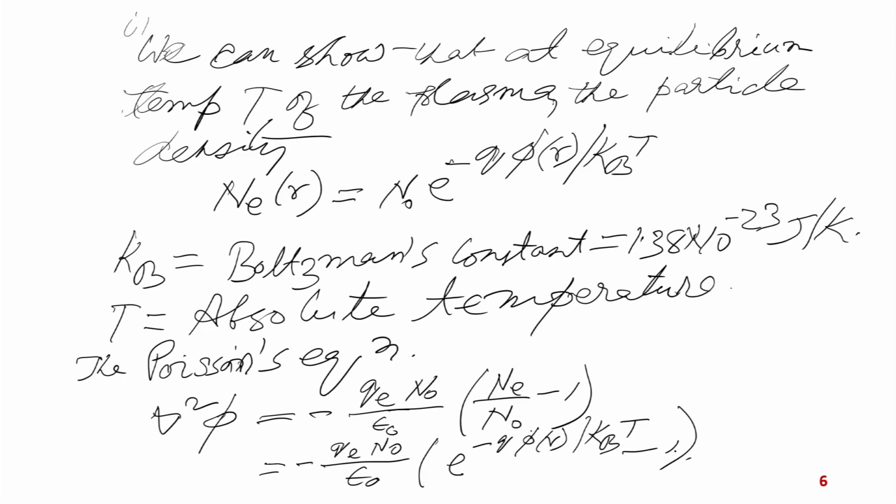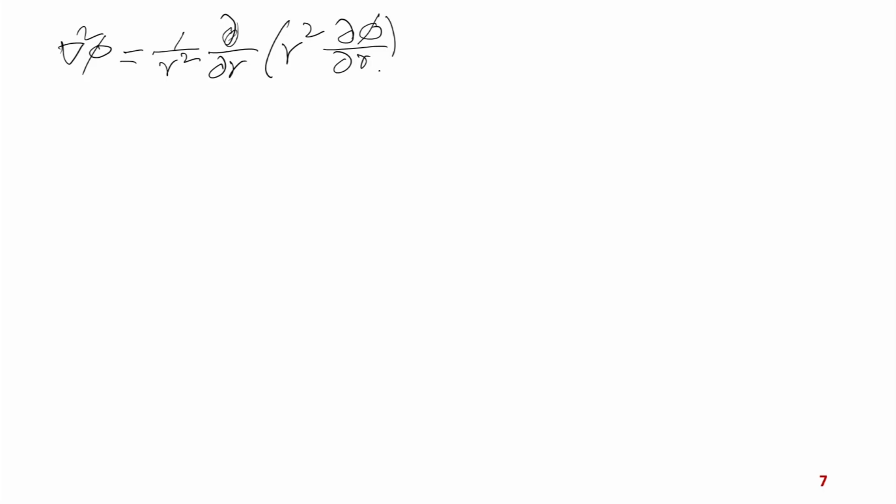So, now we have considered a spherical coordinate system, so I am going to write the Laplacian in spherical coordinates. del square phi is equal to 1 by r square del by del r of r square del phi by del r, this is the r component.